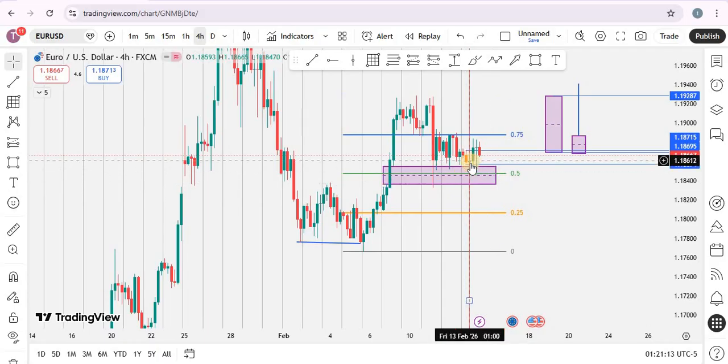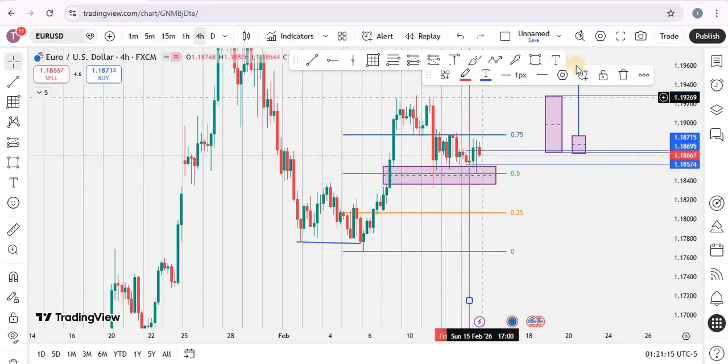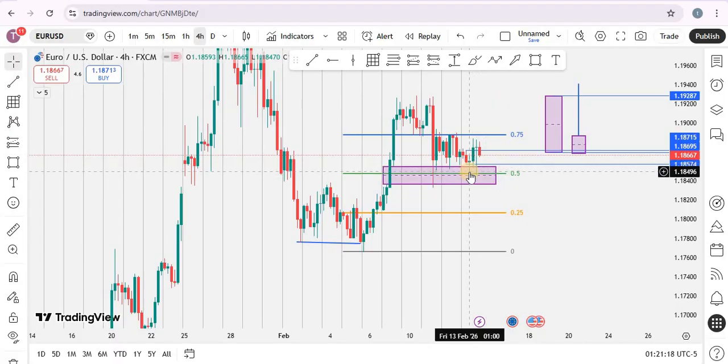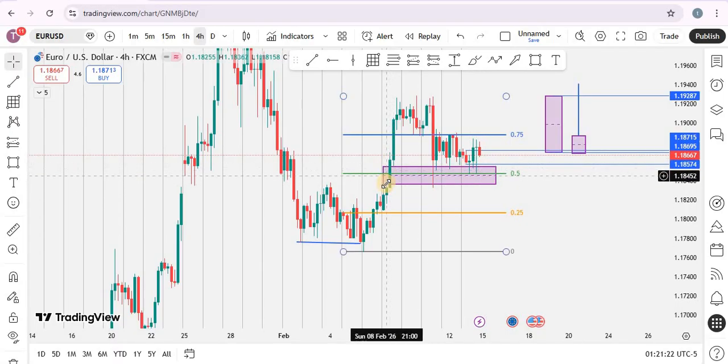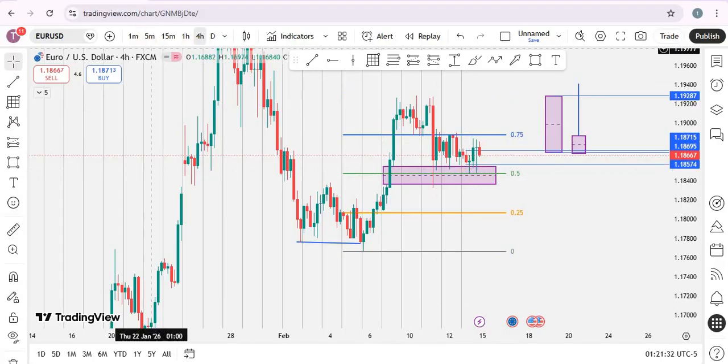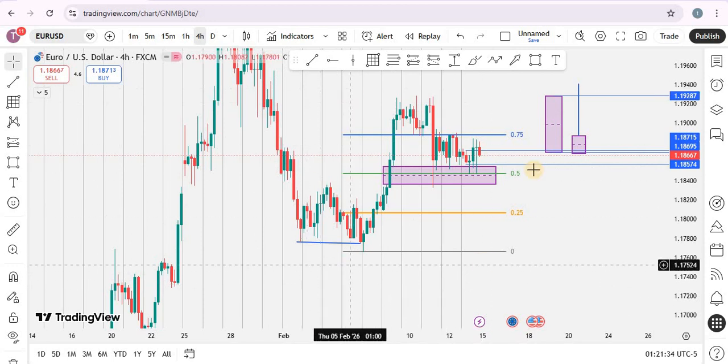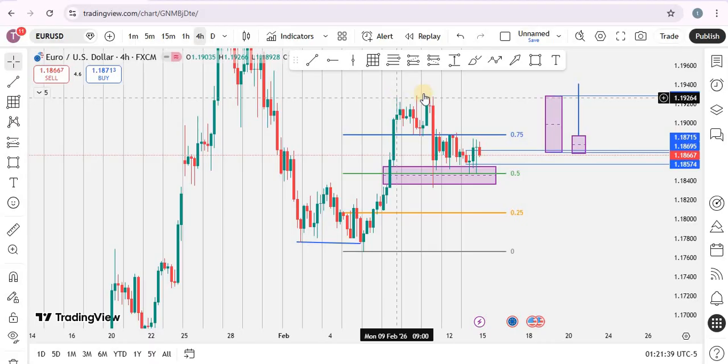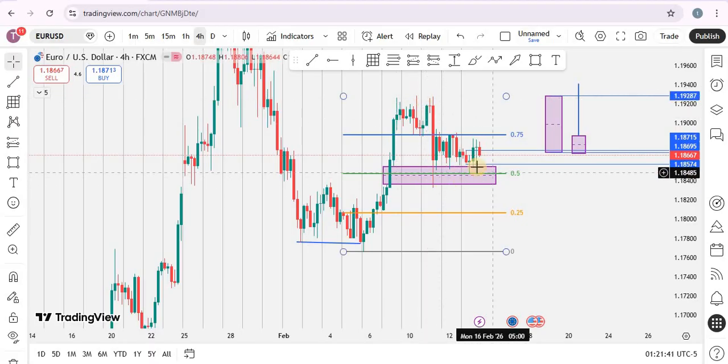If you see our 4-hour candle, let me delete this one, our 4-hour candle just tapped the 0.5 with an FVG, and we are in discount. This is the secret sauce: this is the dealing range, the high and low of the dealing range. In that dealing range we tapped our discount area.